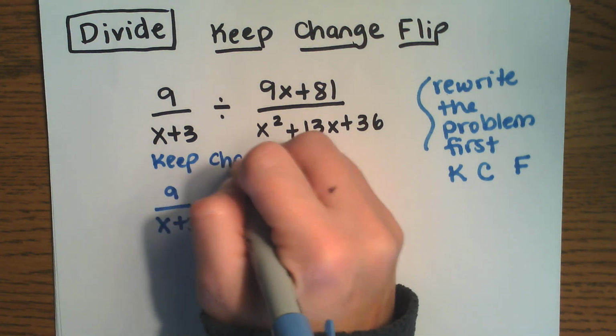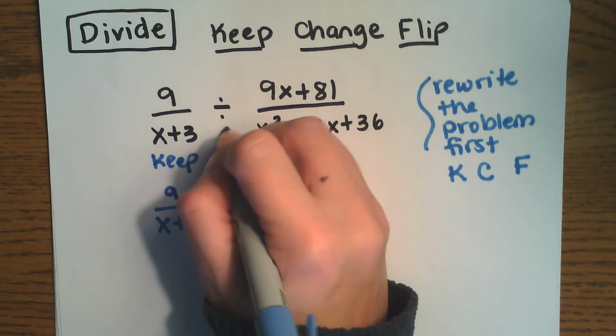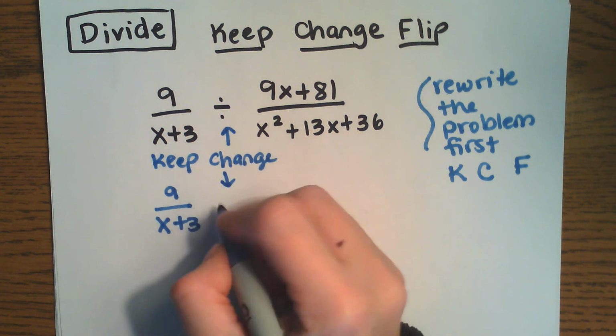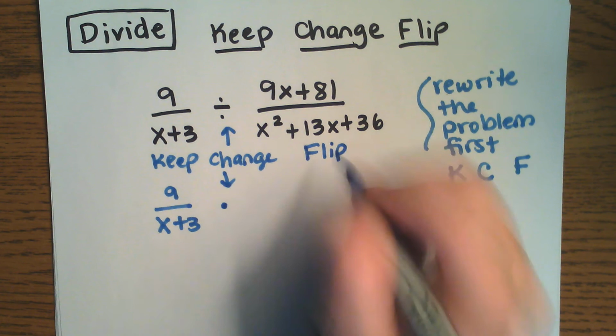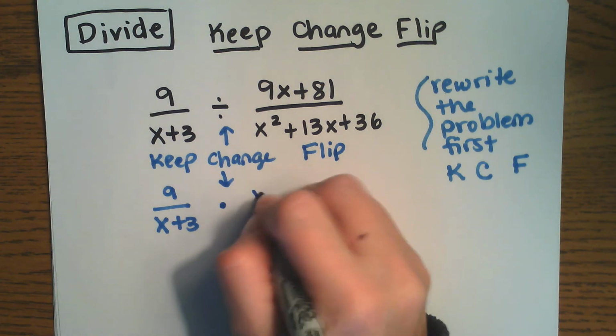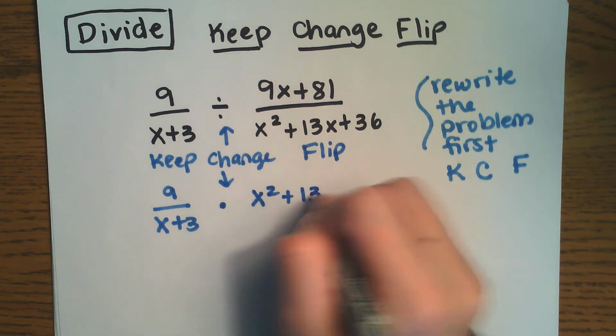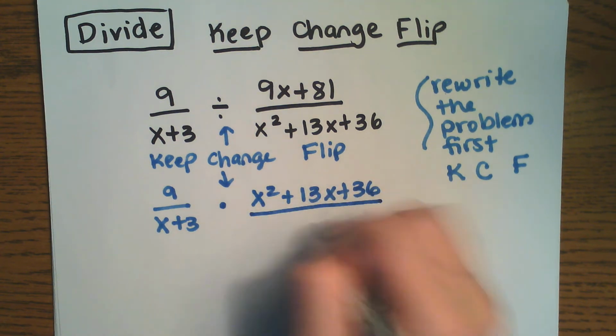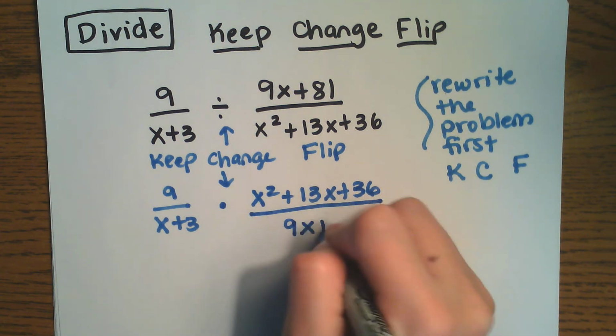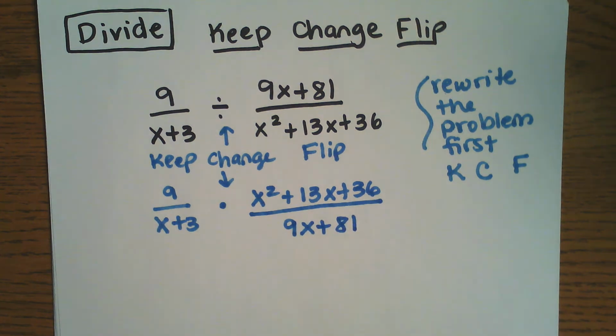I change division to multiplication, and I flip this back fraction. So x squared plus 13x plus 36 comes to the top, and 9x plus 81 goes to the bottom.